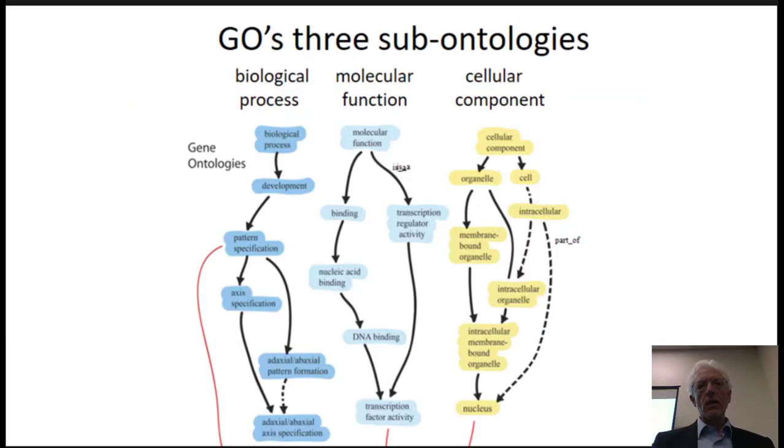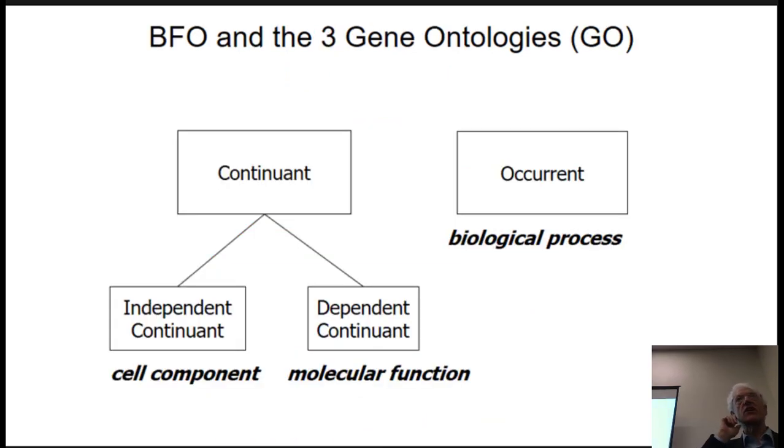Now, gene ontology is in fact three ontologies. An ontology of processes, an ontology of functions, and an ontology of components. And BFO is really just a reverse engineering of the top level of the gene ontology. So there are three major kinds of entities in BFO.